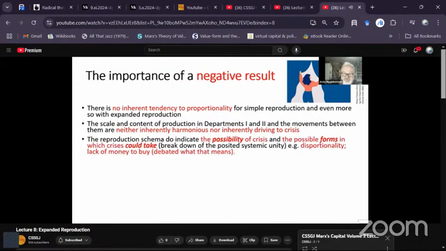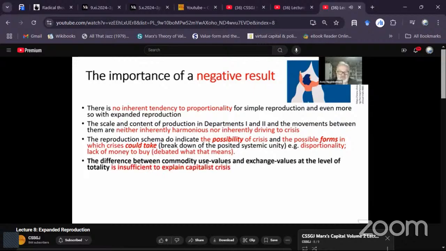You could also see the forms that it might take when there isn't systemic unity, like there's disproportions, there's a lack of money to buy in certain areas, certain classes, and so on, right? Now, this is a big point. I've mentioned the development of the commodity, and what I'm saying here is we have to have a concept of the commodity which is beyond the simple one of a combination of use value and exchange value as the product of labor produced for sale, right?